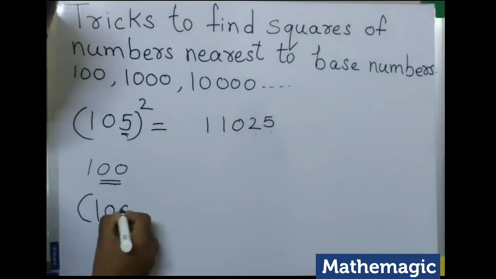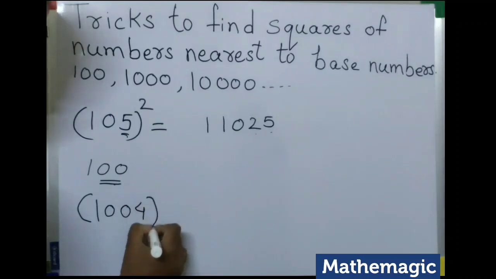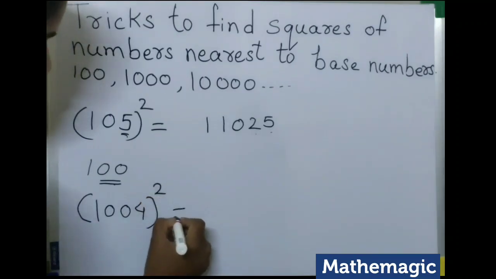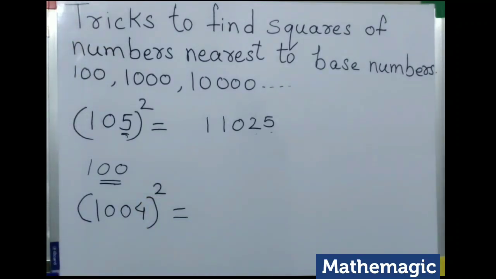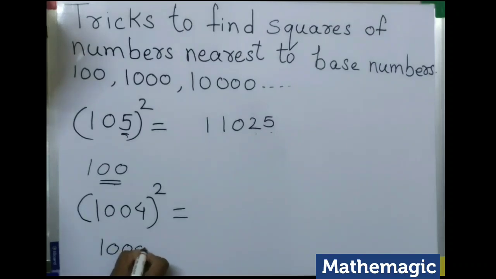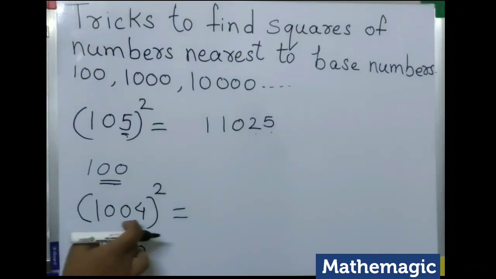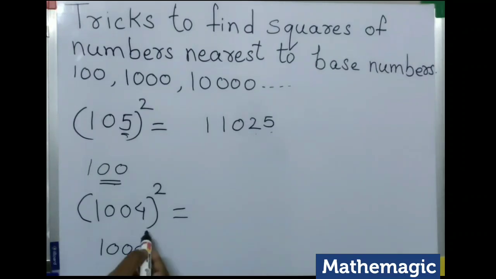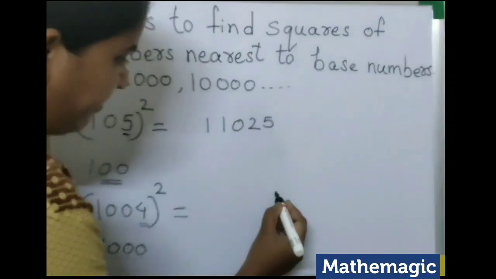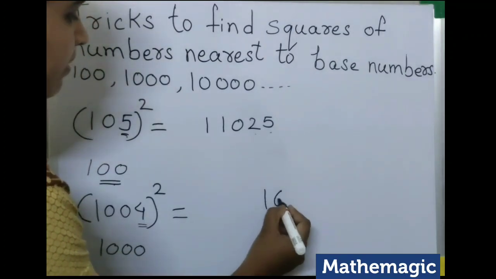1004. So we have to find the square of the number 1004. Here we are having the base number as 1000. 1004 is 4 more than 1000. Therefore, the last digit in the ones place is 4. So we will take the square of 4. 4 square is 16. So I will write the number 16 over here.